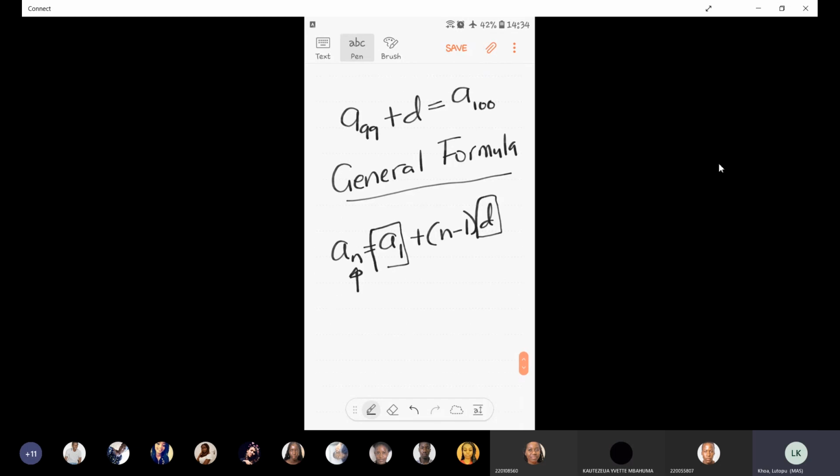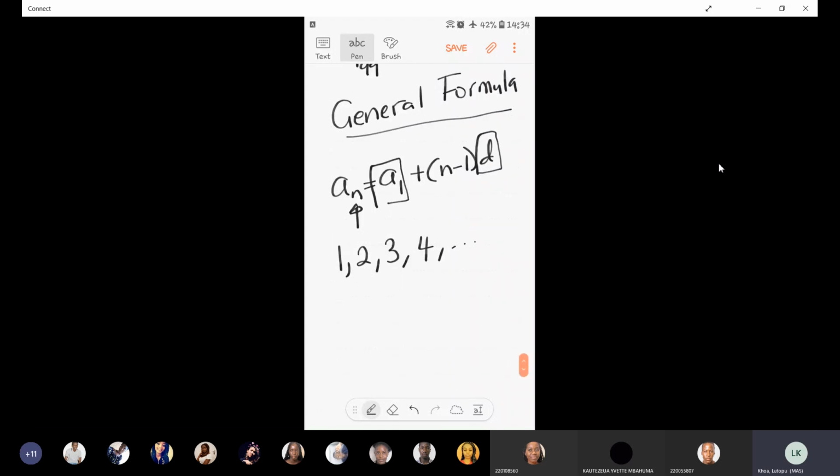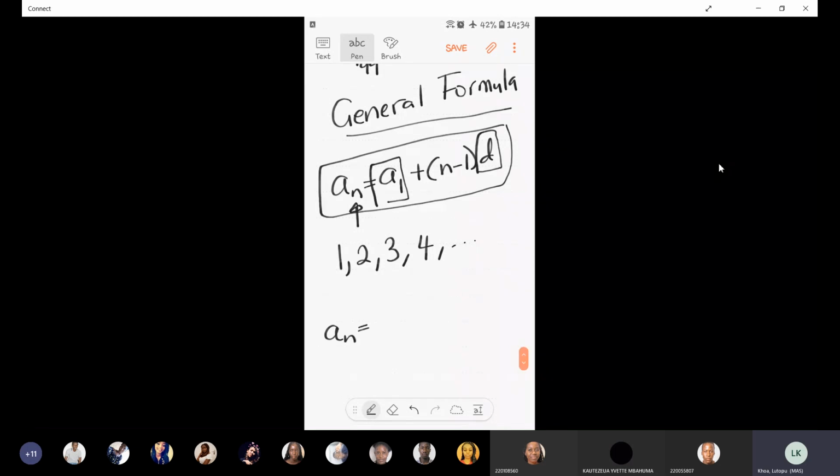So if we look at the simplest one we have, which is 1, 2, 3, 4, and so on, we can write down the formula for the nth term. So this a sub n is just equal to a1, which is always the first term in the sequence, which is 1, plus n minus 1 times my common difference.